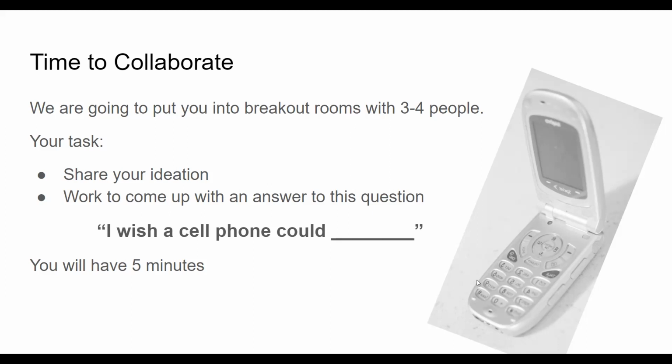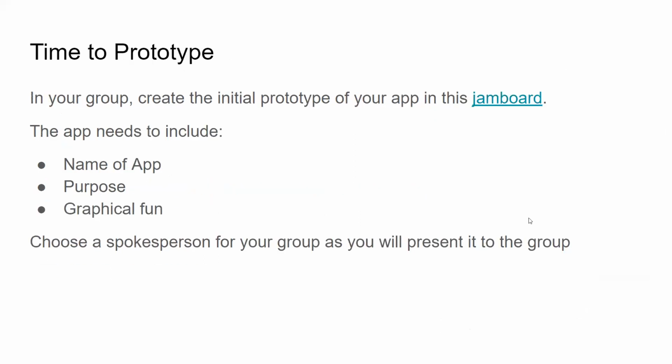All right, so we're all back. Now what we want to do is have you take your answer to that question and start creating an initial prototype. This is a sketch of a prototype. So we're going to give you a Jamboard. Give me just a second to grab that link.